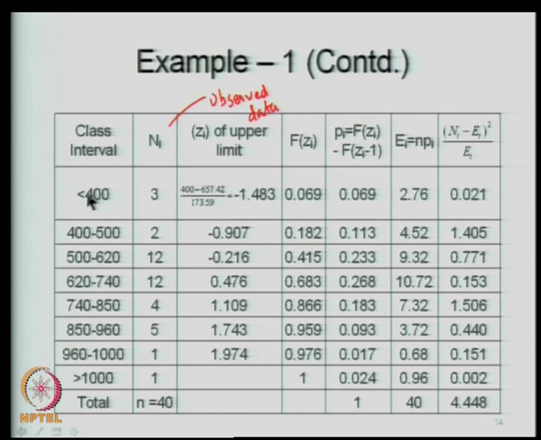I will repeat that: the probability that a randomly chosen value will fall in the class interval 0 to 400 is 0.069, that is what you get here. Then from this you get the expected number. So you got the observed number and this is the expected number.